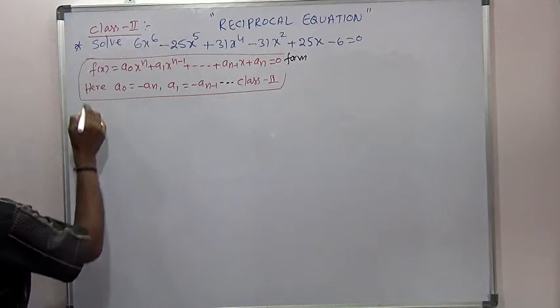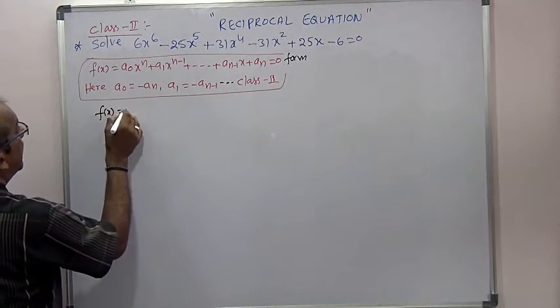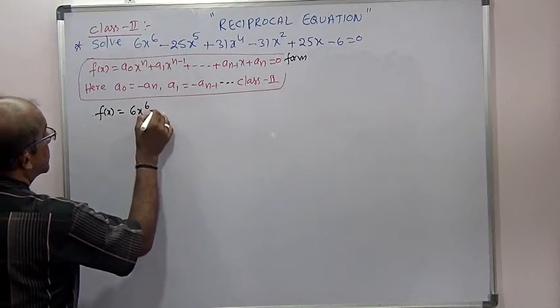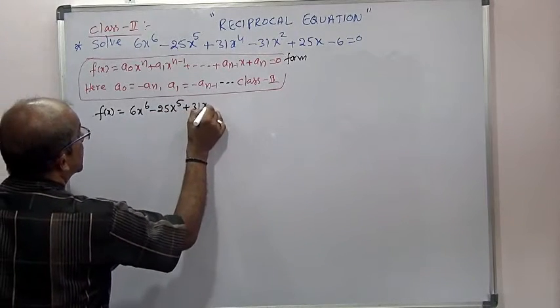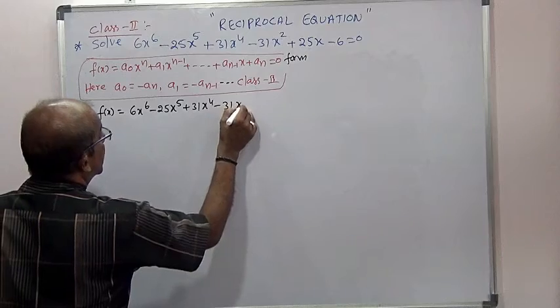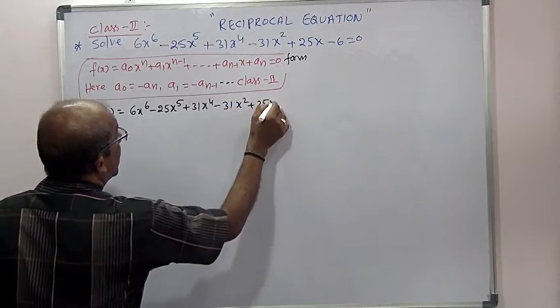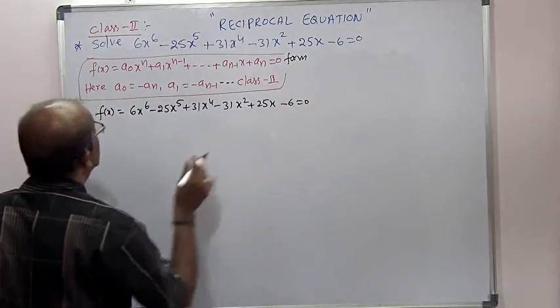Now f(x) = 6x^6 - 25x^5 + 31x^4 - 31x^2 + 25x - 6 = 0.